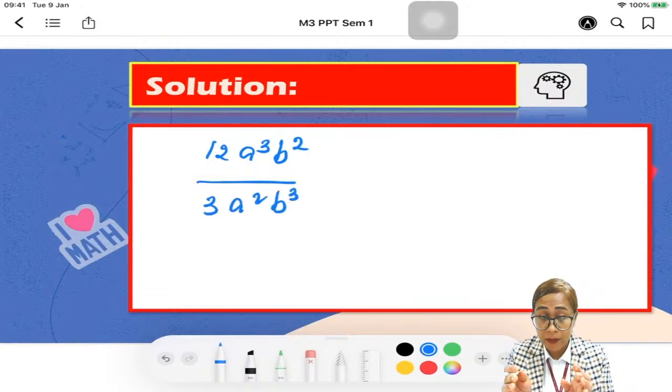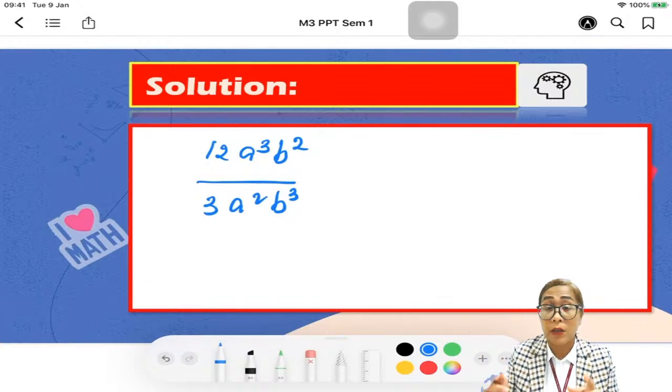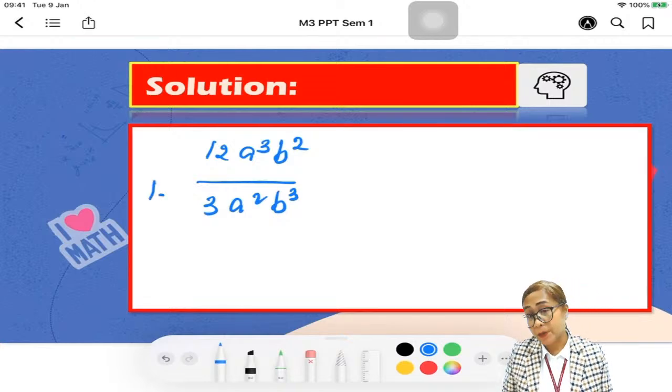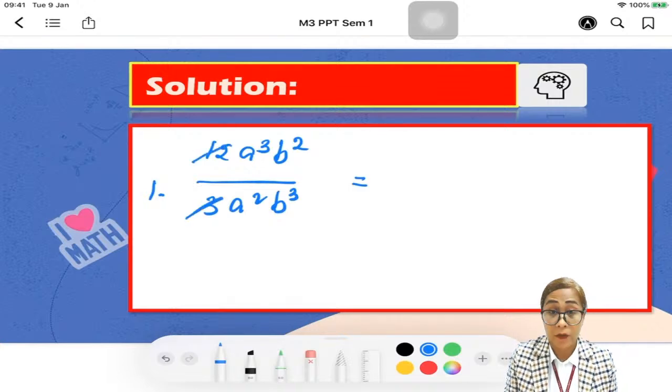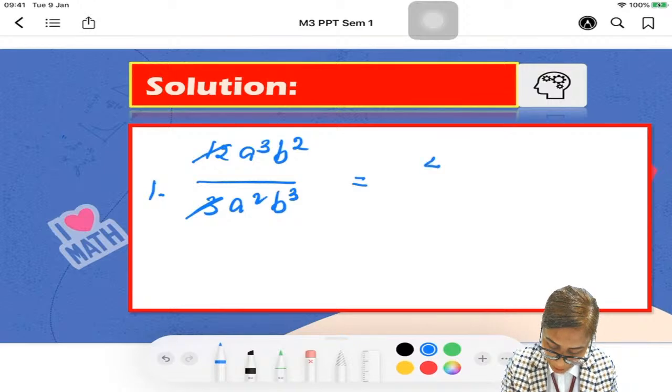We'll do it again so you will understand clearly how to simplify this. This is example number 1. Again, 12 divided by 3. The answer is 4.